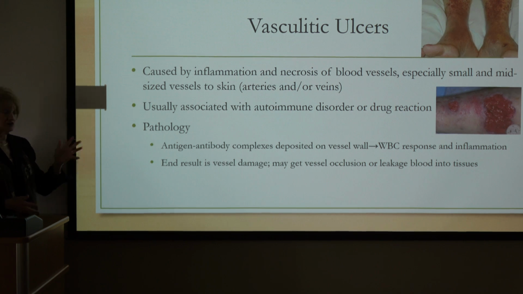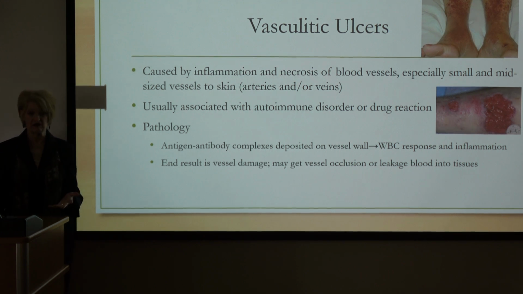Vasculitis, as the term suggests, involves inflammation of the blood vessels, frequently progressing to necrosis in patchy areas of the vessel. Typically affects small and mid-sized vessels on both the arterial and venous side of the capillary bed.